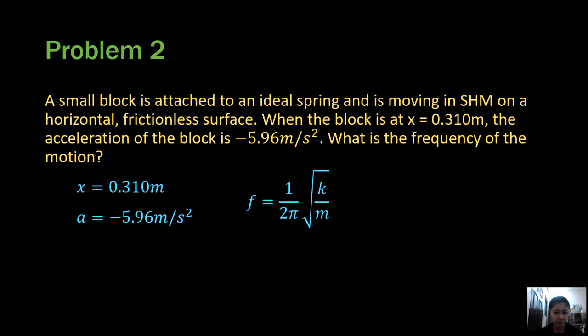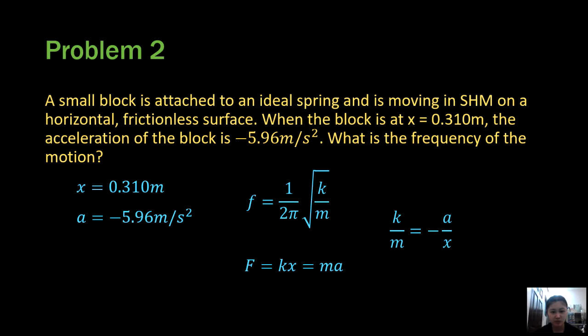But we know that force is equal to kx, and force is also equal to mass times acceleration. So using that formula, we would get k divided by m is equal to negative acceleration divided by the distance. So we know that k over m is equal to acceleration over the distance.